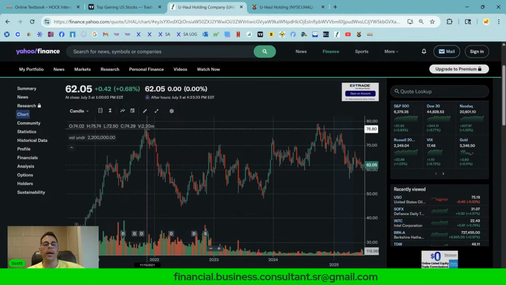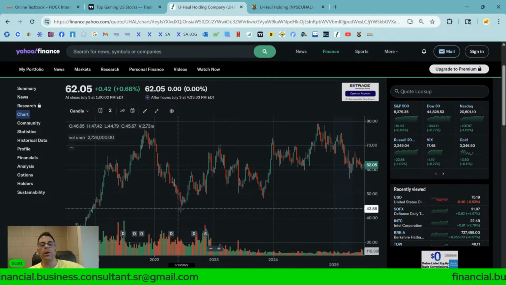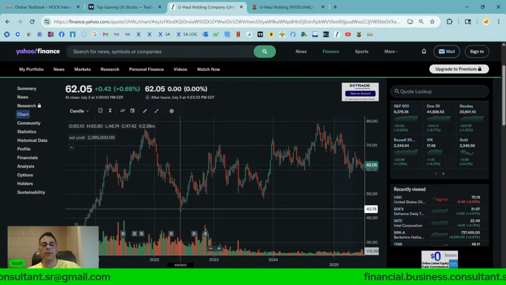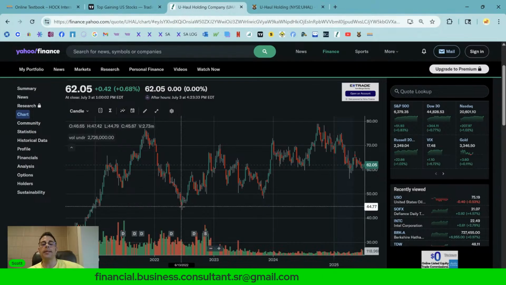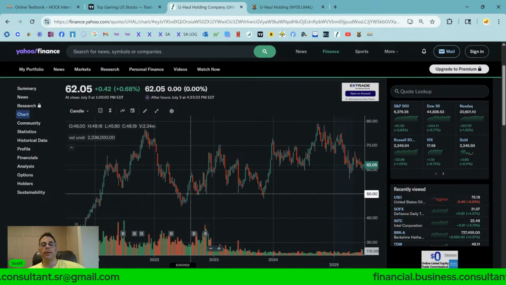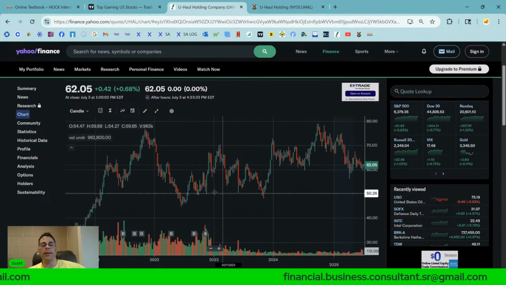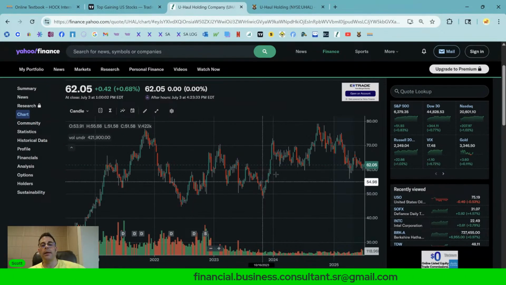And it will break through that at some point, but it could take a while. And then the new low, it has a resistance on the bottom too. Like it probably won't get below 44 for a long time, if at all. Unless they go bankrupt, it'll probably never get below that resistance level. So you can see it stays within that band of 44 to 80.